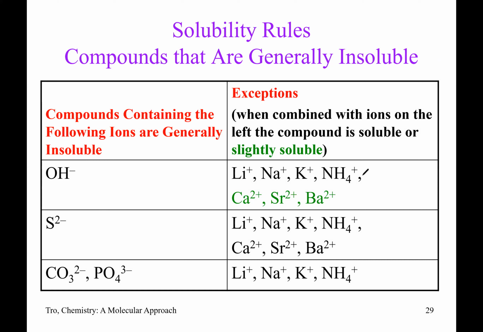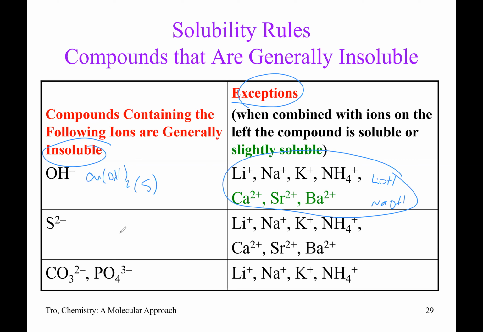Well, it says that lithium hydroxide is going to be soluble, and sodium hydroxide is soluble, because there are exceptions to the insoluble rule. But copper hydroxide would be insoluble and you have to write S. So anything that is not shown in this table as an exception is going to be insoluble.